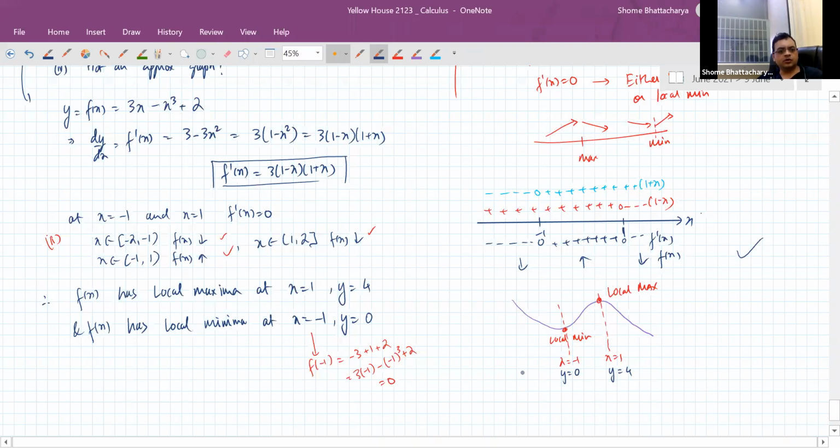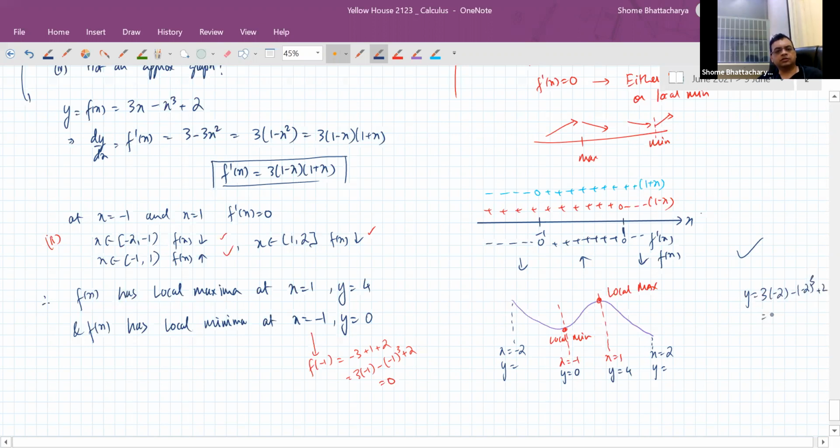Let's also check the value of y when x is equal to -2, and when x is equal to +2. Here y is equal to 3 into x minus x cube plus 2.